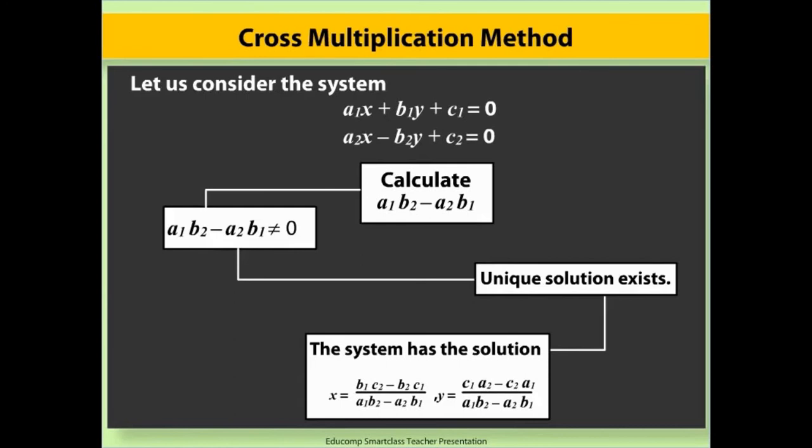The system has the solution x = (b1c2 - b2c1) upon (a1b2 - a2b1), y = (c1a2 - c2a1) upon (a1b2 - a2b1).